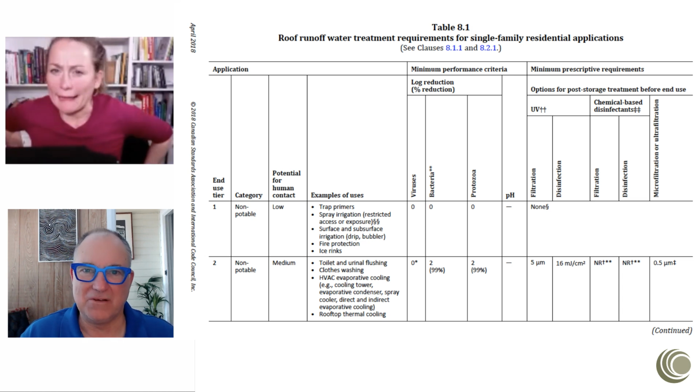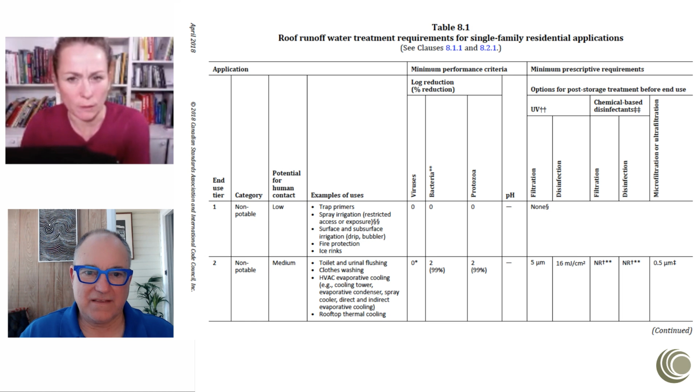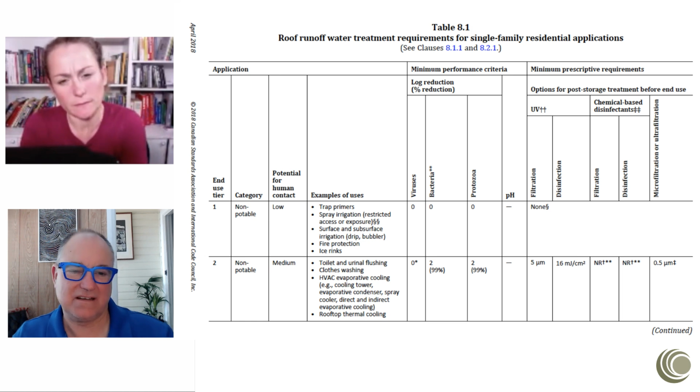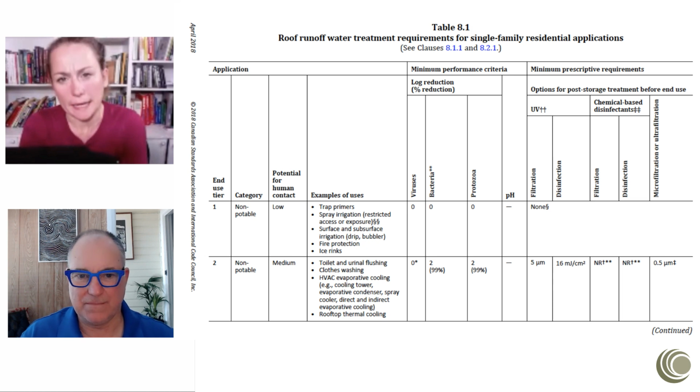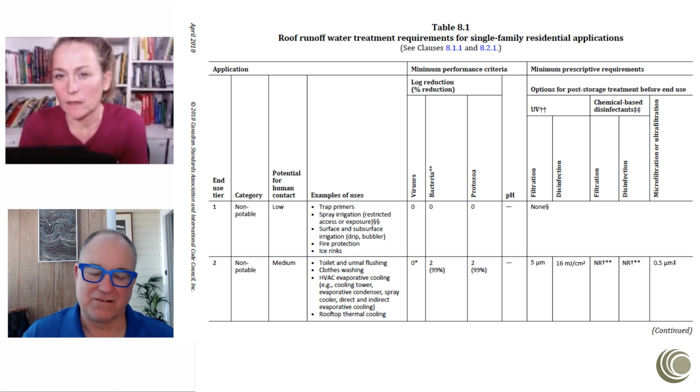If it's like lead contamination, none of those post storage treatment options are going to do anything to remove lead. The only one that will actually, in this deemed to comply part of the table, is filtration. Okay, yeah, like a carbon filter or something. Or say like in my own house, a 0.1 micron filter on my drinking water tap.